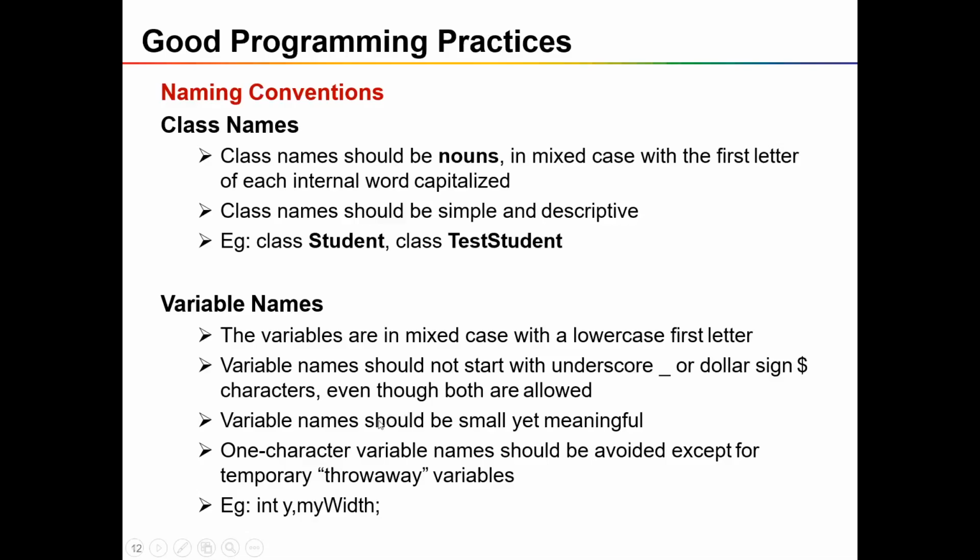And moreover, the variable name should be small and it should be meaningful, and one character variable name should be avoided. For temporary variables we can use, but most of the time one character variable names should be avoided, and the variable name should not start with underscore or dollar sign. Even though both are allowed, but we should not use it.